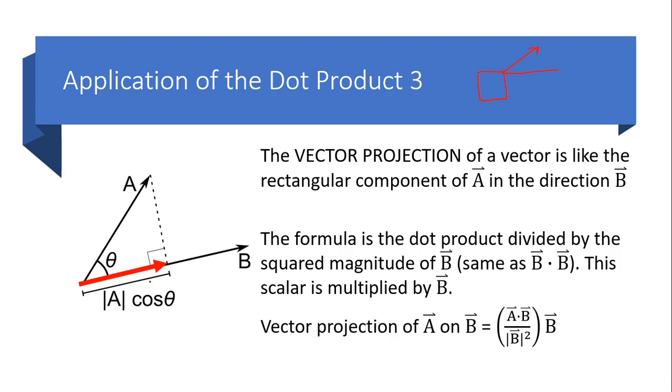You don't get a scalar. And here we go. It's going to be the dot product again. And it's going to be divided by the squared magnitude of B, which is the same as B dot B. So I think on your formula sheet it's written B dot B, but that is exactly the same as this. And then we multiply it by the vector B to get those kind of IJK coordinates.